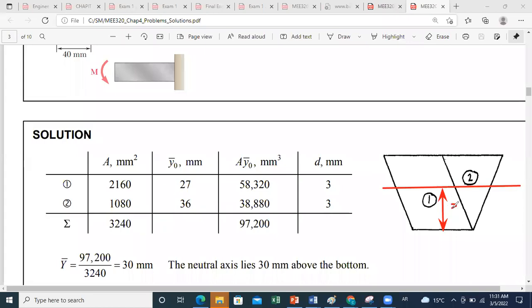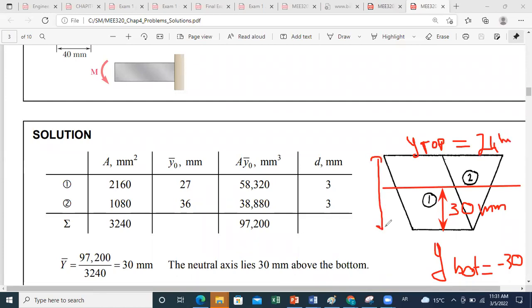So you can say that y bottom here is minus 30, and y top is 54 minus 30, which is 24 millimeters, because the whole length is 54.